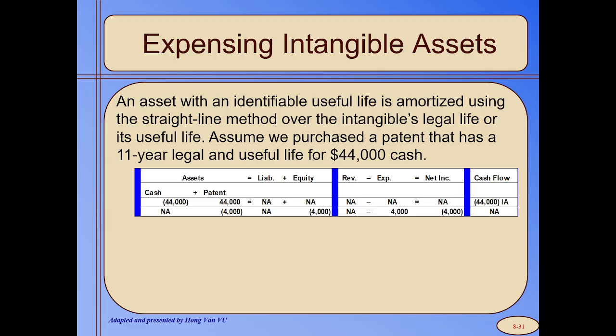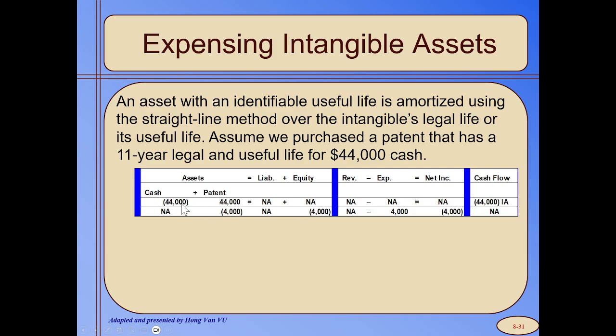If we have an intangible asset with an identifiable useful life, like a patent, we amortize the cost of the asset over its legal life or useful life, if shorter. We use the straight line method of amortization. We purchased a patent for $44,000 cash that has a legal and useful life of 11 years.